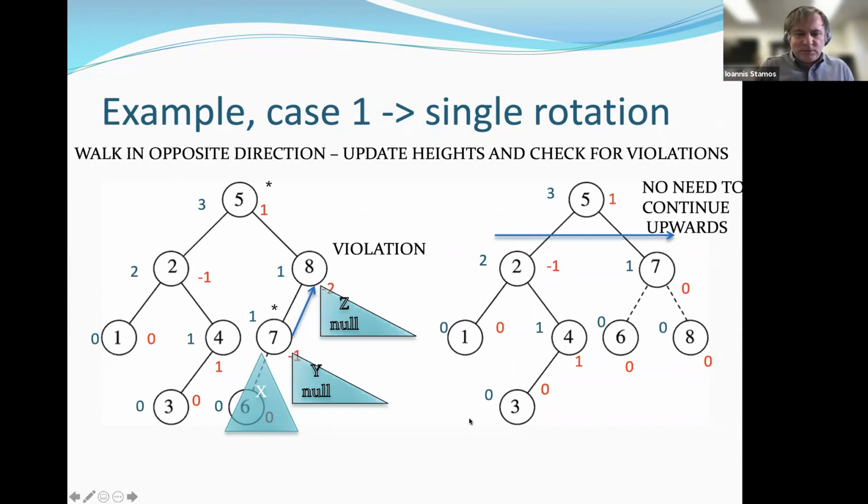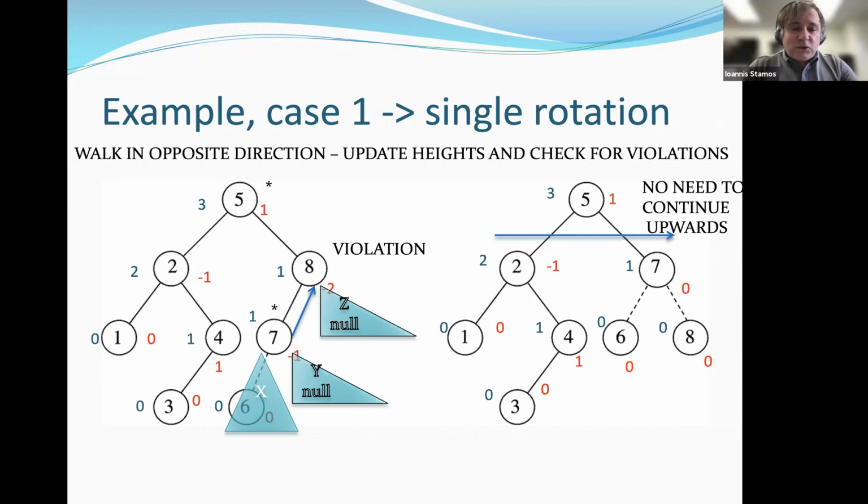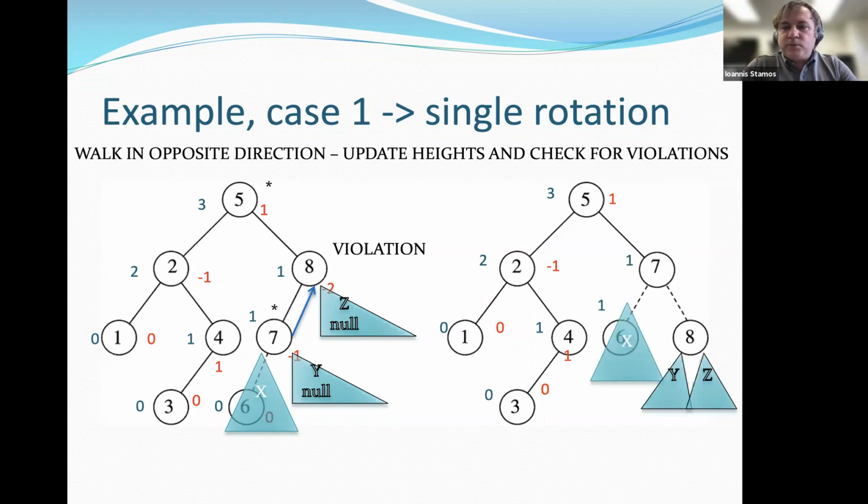Any question, David? I think you had the question. Yeah, if Y was not null after the rotation, what would be the relationship between 6 and Y? Well, if Y was not null, that's the question, that Y has to be null.